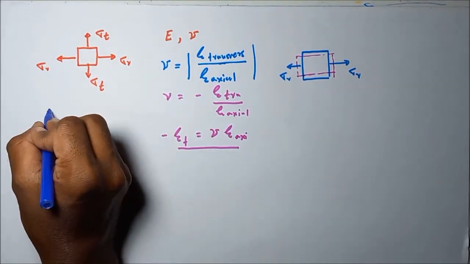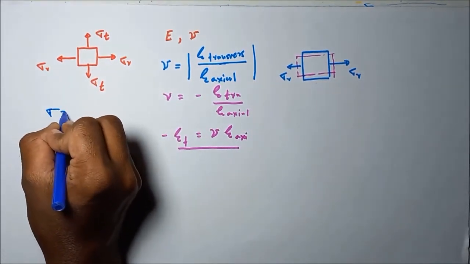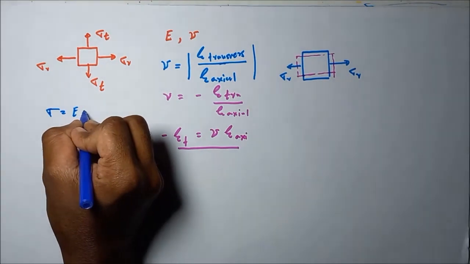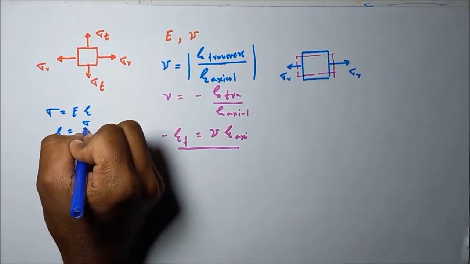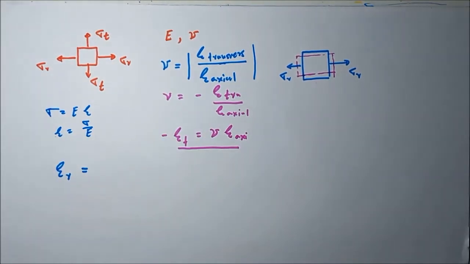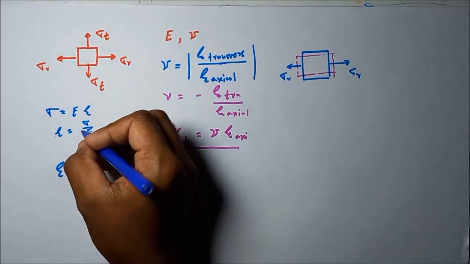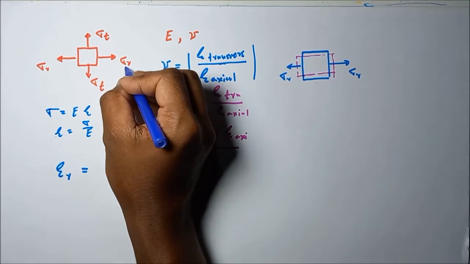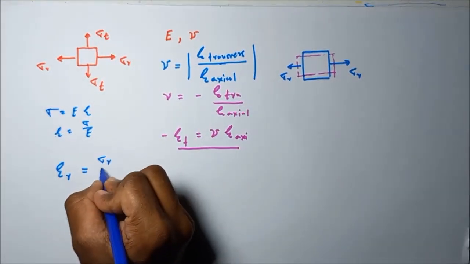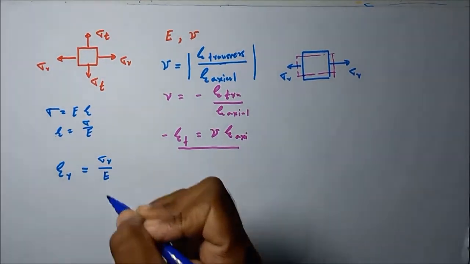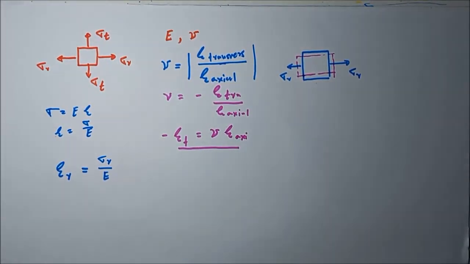You know this equation, sigma is equal to E into epsilon, so epsilon is equal to sigma divided by E. In the radial direction, because of sigma r, the strain is sigma r divided by E.